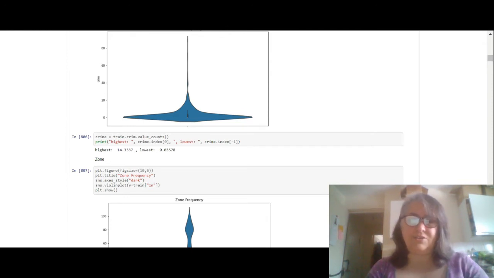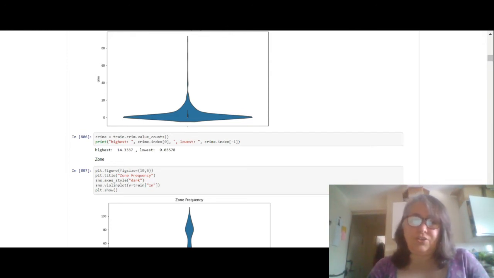What you have to do is a value counts, and then you take the index, where 0 is supposed to be the highest incidence of a value, and -1 is the last row, and that's going to be your lowest incidence of a value.